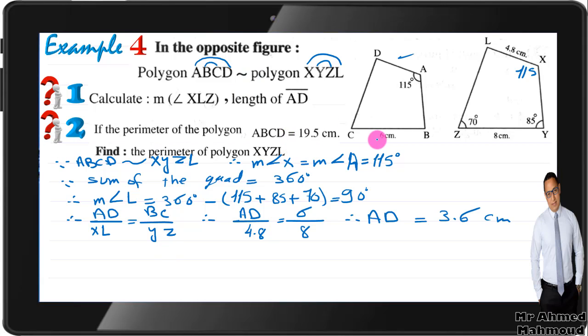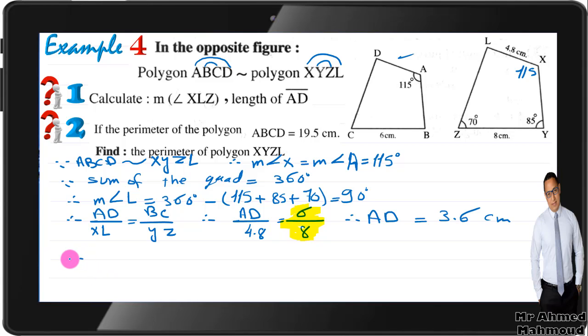Okay, now the second required, if the perimeter of the polygon ABCD equals 19.5, find the perimeter of XYZL. Here, by looking at this ratio, 6 over 8, this is the ratio which is called the scale factor.